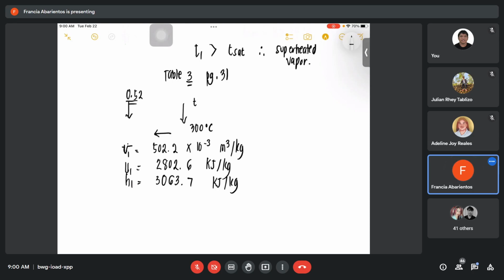Okay? Okay, so we have now the entropy at point 1. Ayan. The entropy at point 1, we have now 7.4411 kilojoule per kilogram Kelvin. Okay?